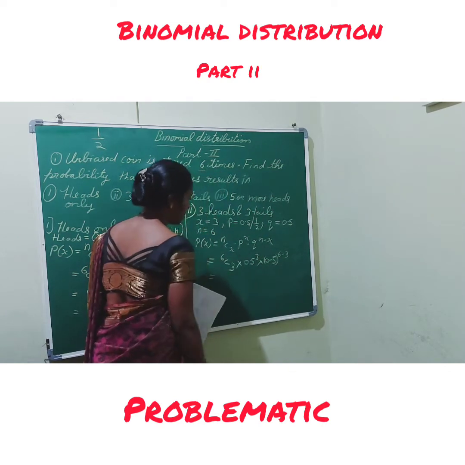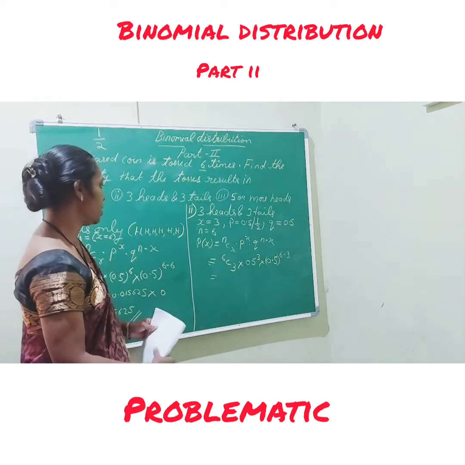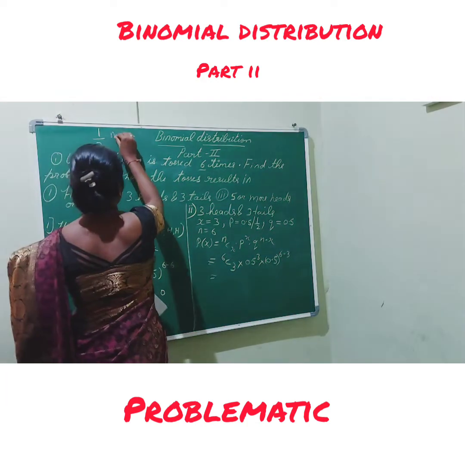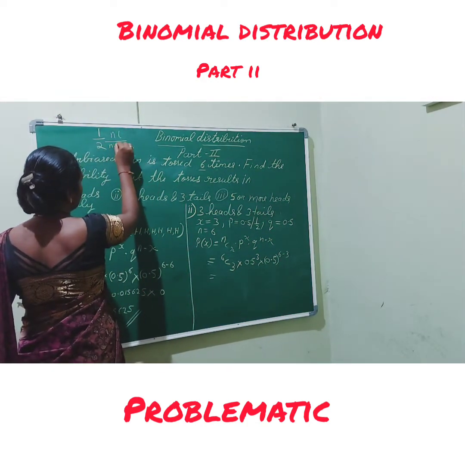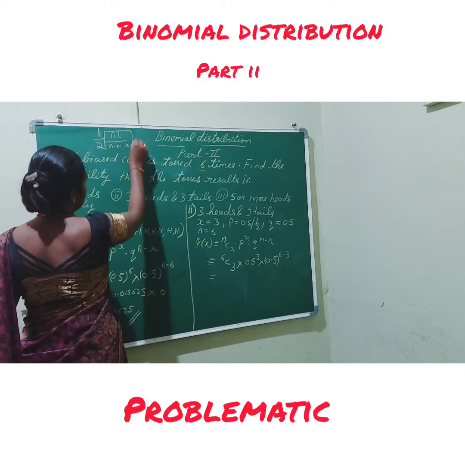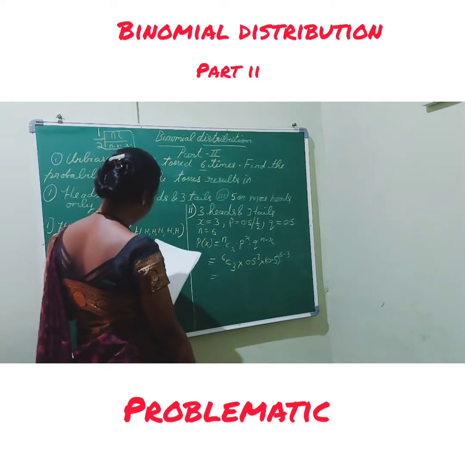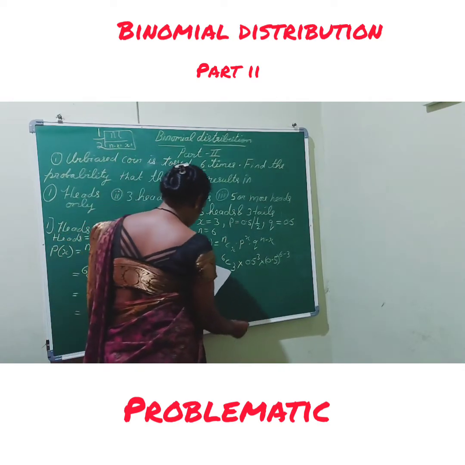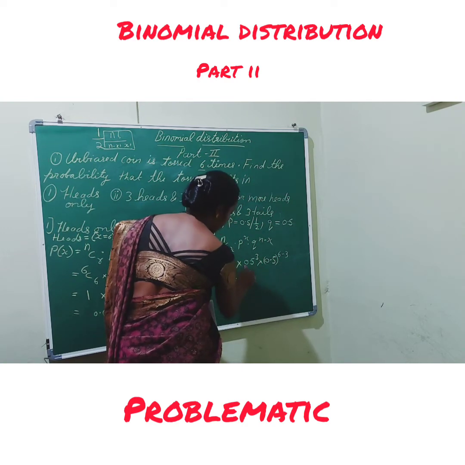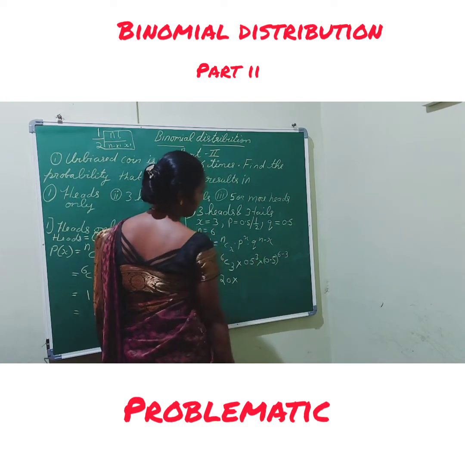Now 6C3. I have solved that formula, that is the combination n factorial divided by n minus x factorial and x factorial. So you have to solve this formula again. So I will write the answer. nC3, we will get 20, into 0.5, you have to multiply 3 times.